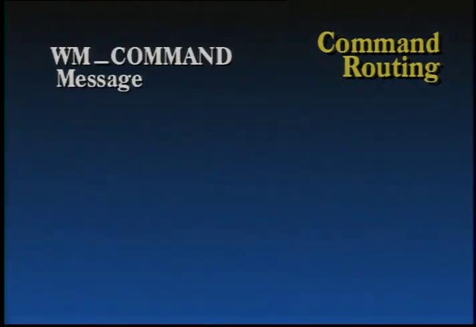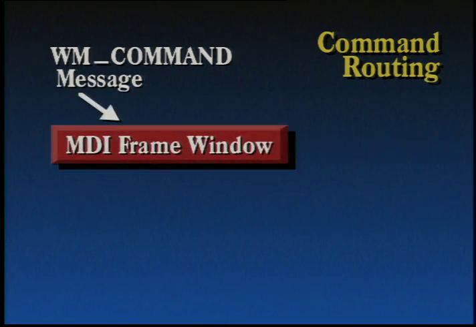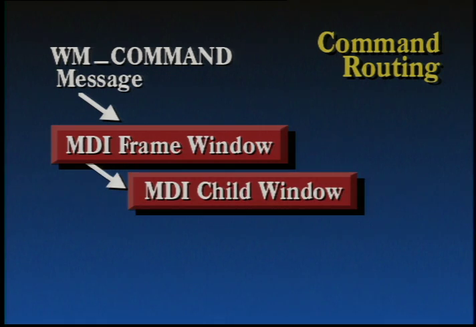We also support command routing. Command routing is the notion of a command message coming in, normally to a frame window, and having a very clear architecture by which that command gets routed through the system. In this particular case, in an MDI window, the frame window gets first crack at the message. It usually delegates it to the currently active MDI child window, which then sends it to the view.